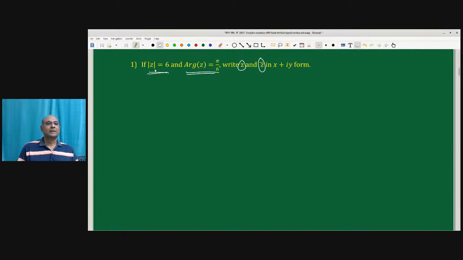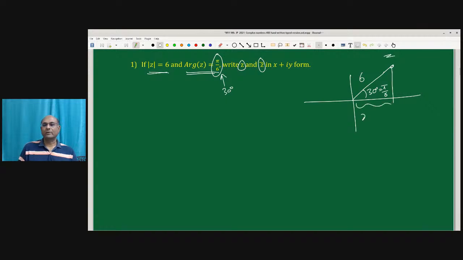Ready? Modulus of z is given, modulus of z is 6. Angle is given, pi by 6. What is pi by 6? Pi by 6 is 180 by 6, 30 degrees. So this is z. What is the x value? 6 cos 30.